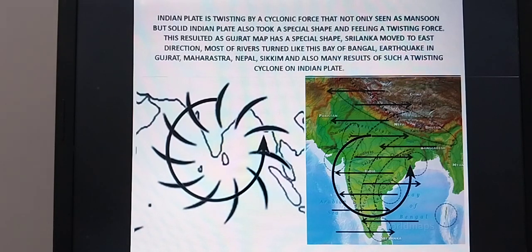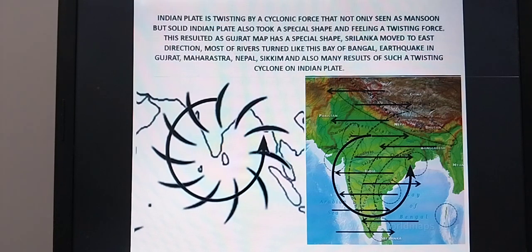Why does India have such a special geometrical shape and feel a twisting force? This resulted in the Gujarat map having a special shape, and Sri Lanka moved in its direction. Most rivers turned like this toward the Bay of Bengal, and earthquakes in Gujarat, Maharashtra, Nepal, and Sikkim are also the result of such a twisting cyclone on the Indian plate.